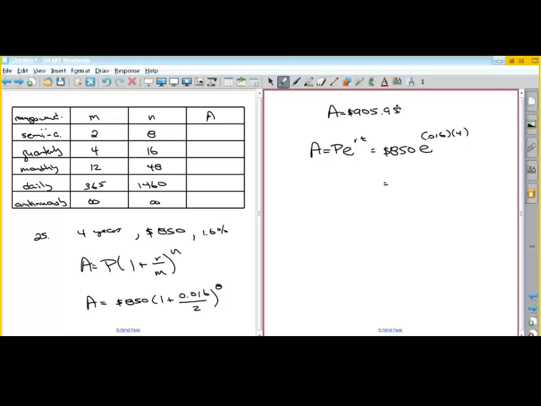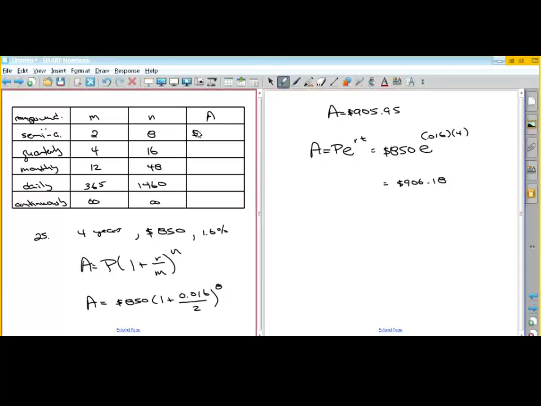All the other numbers should be between these two. The smallest one is the first one, and the biggest one is the last one. So I get $906.18.